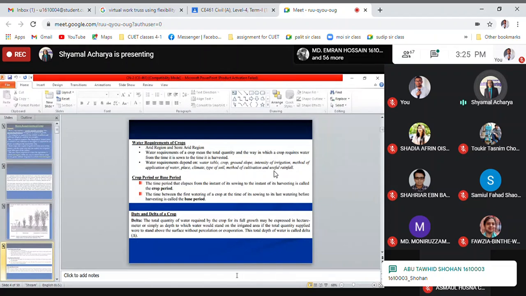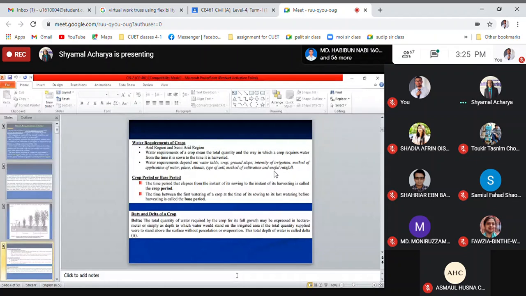And lastly, you are applying once again 100 millimeter. So what is the total depth of water applied to the field throughout this lifespan? That is 320 millimeter. That 320 millimeter total depth of water is the delta of that particular crop.